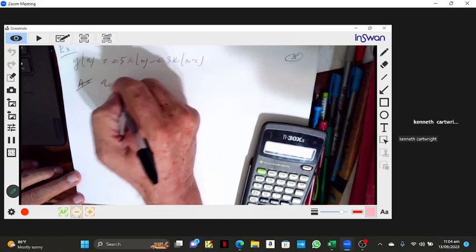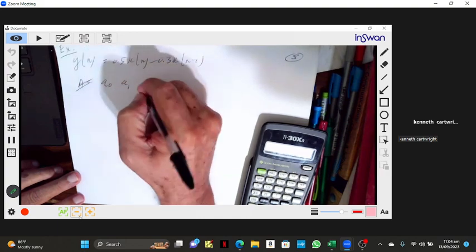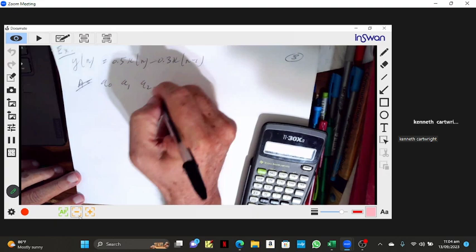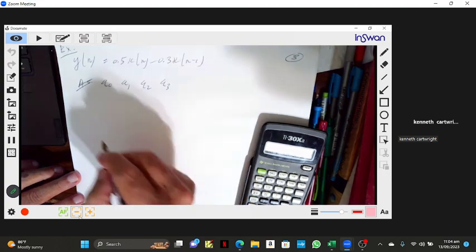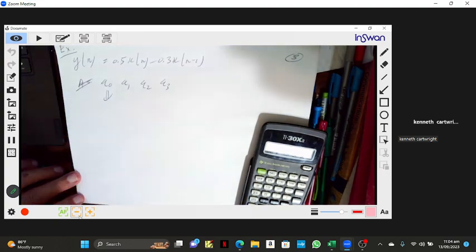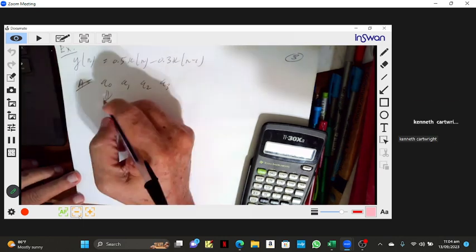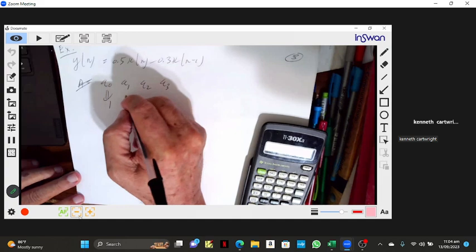What's A0? What's A1? What's A2? What's A3? What's A0 equal to? That should be 1, right? It is 1. It's the coefficient of y of n. What's A1 equal to?